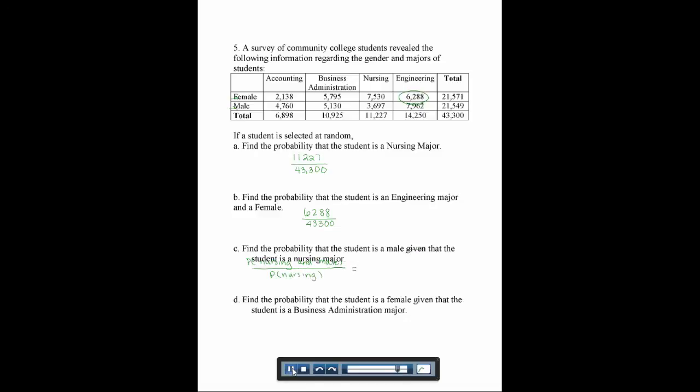So the probability that they're nursing and male is going to come from this box. So we'd have 3697 over the total 43,300. Okay, and we already found the probability that they're a nursing major.